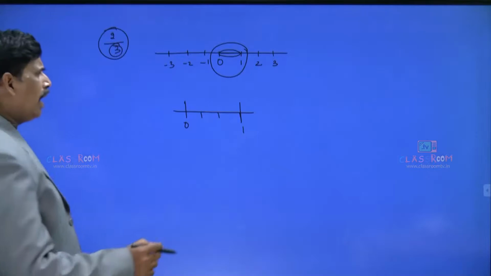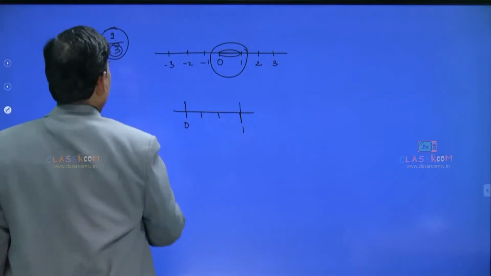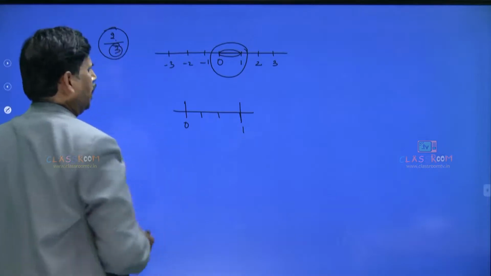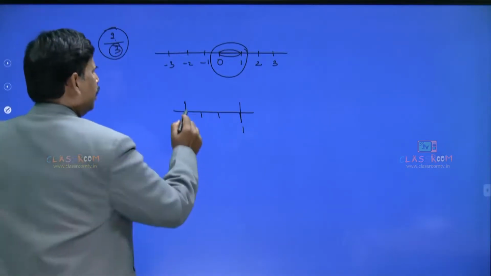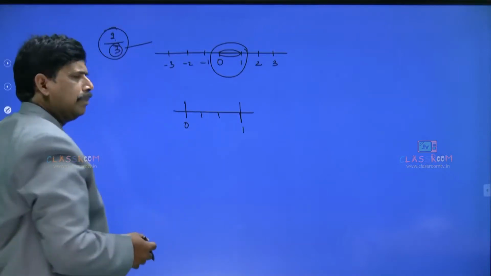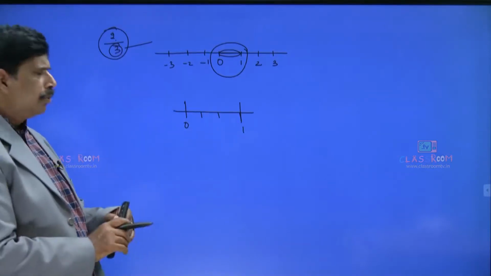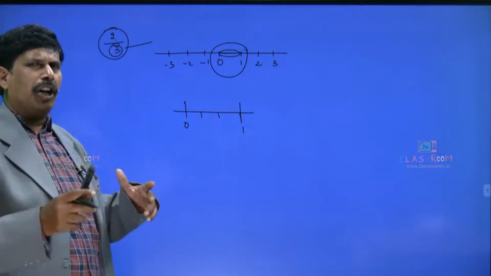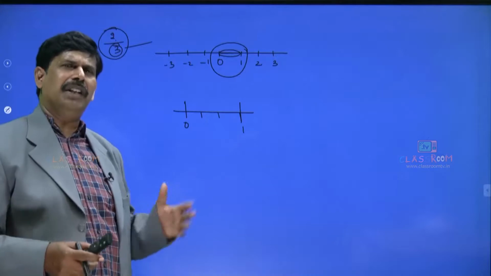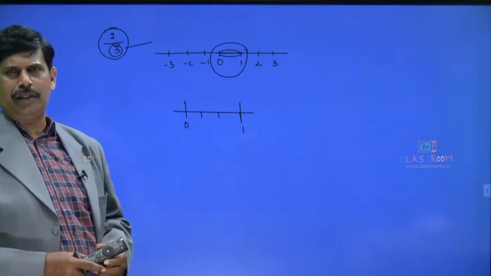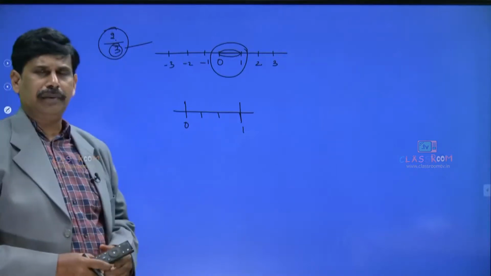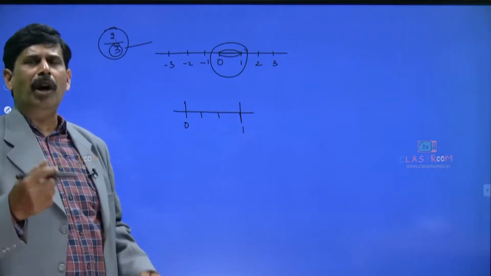You have to divide the spacing into a number of equal parts equal to the denominator. If the denominator is 5, then we divide into 5 equal parts. If the denominator is 7, then we divide into 7 equal parts. Now which part do you want? You want 2 by 3.